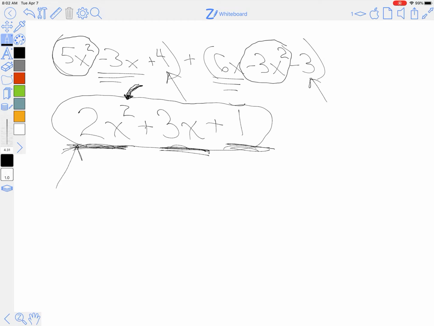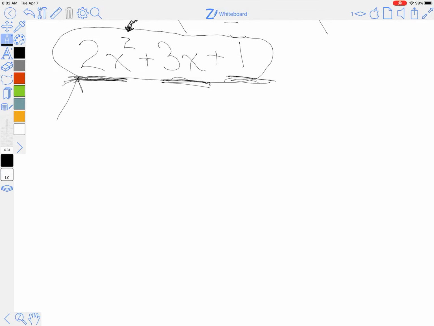All right, now so that was addition. Let's do a subtraction problem. Make a little bit of room here.